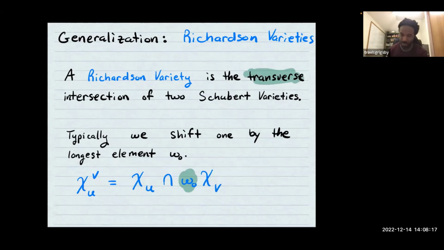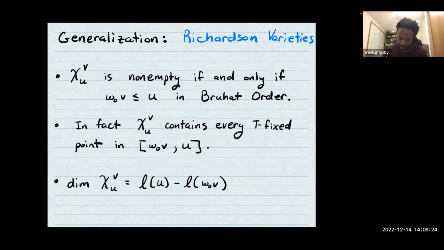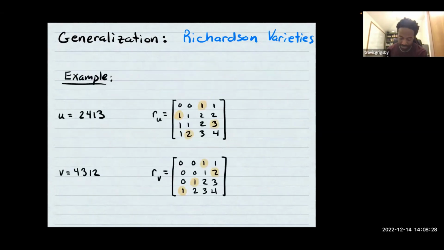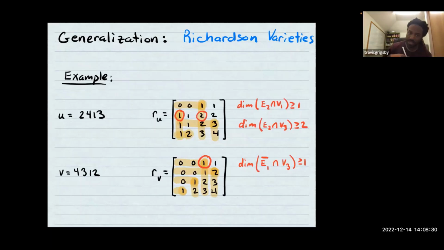And so you can think about multiplying those Schubert cells by that matrix. And when you do that, you can go through the derivation of what that variety is like normal, but you are looking at intersections with the opposite flag for that shifted variety.